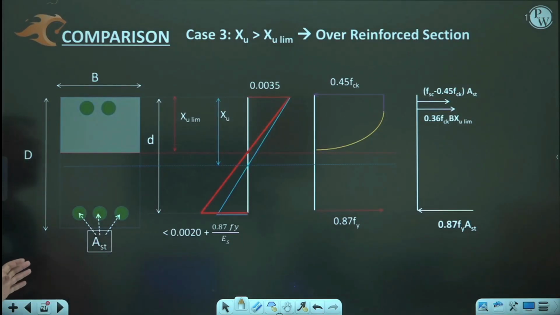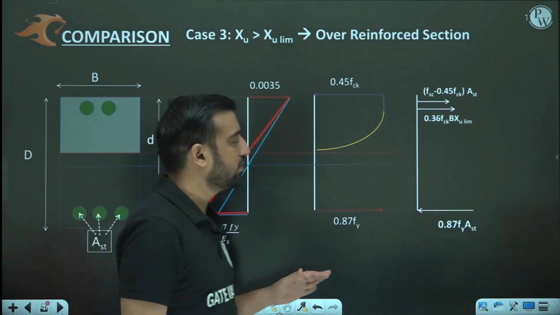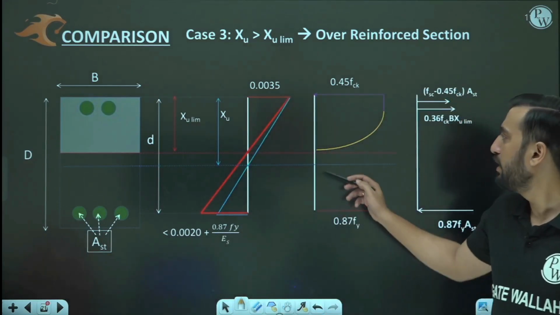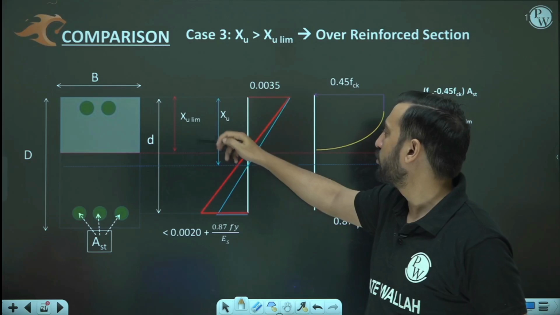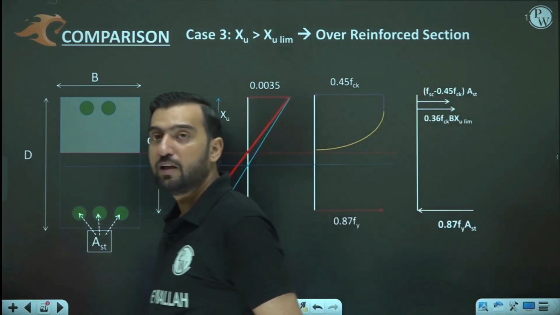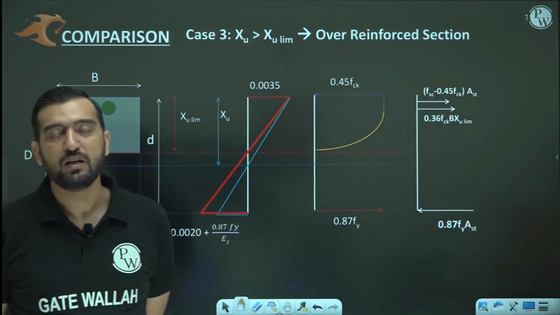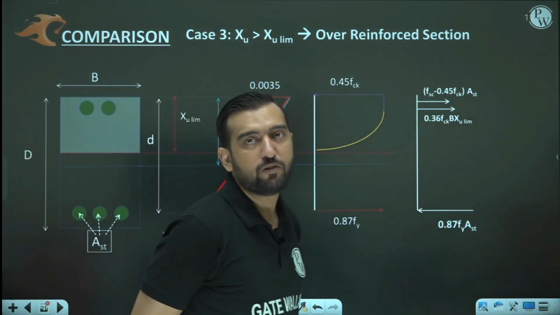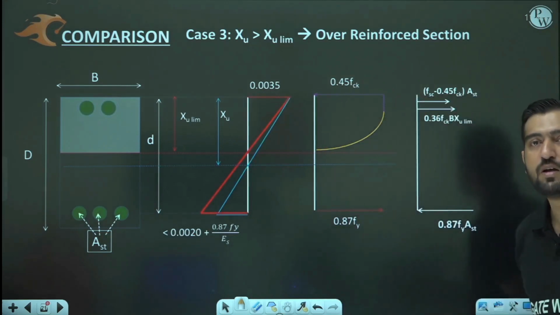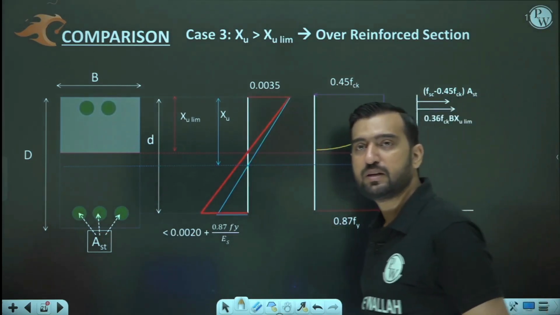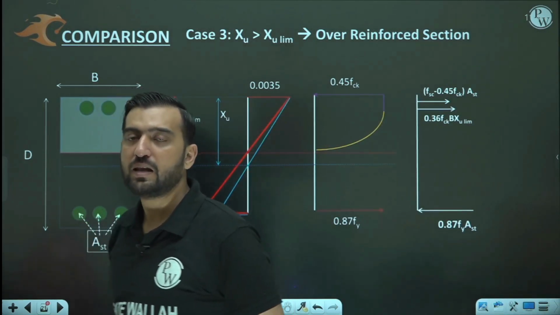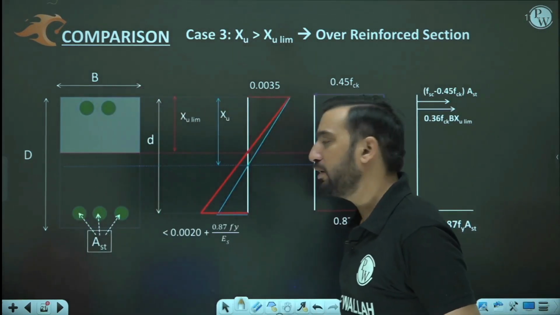So the scenarios are exactly the same. But in possibility number 3, again we are going to restrict our actual depth of neutral axis to XU limit, because we cannot exceed XU limit. If we exceed XU limit, then the strain at the time of collapse at the level of CG of tensile reinforcement is less than 0.002 plus 0.87 Fy upon Es, which is not allowed as per assumption number 6 of the limit state method. Are you getting it or not?